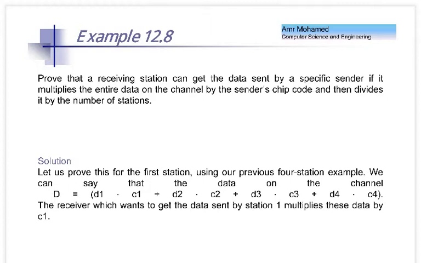If we multiply this composite signal by any of the codes, we will always get the data that corresponds to this code. And the proof is extremely simple.